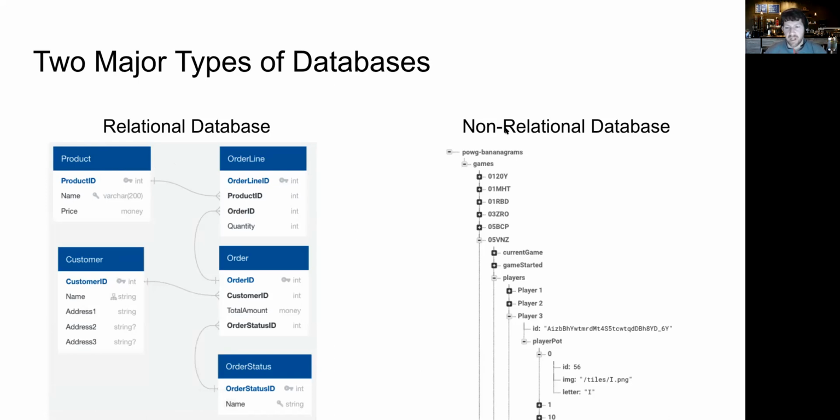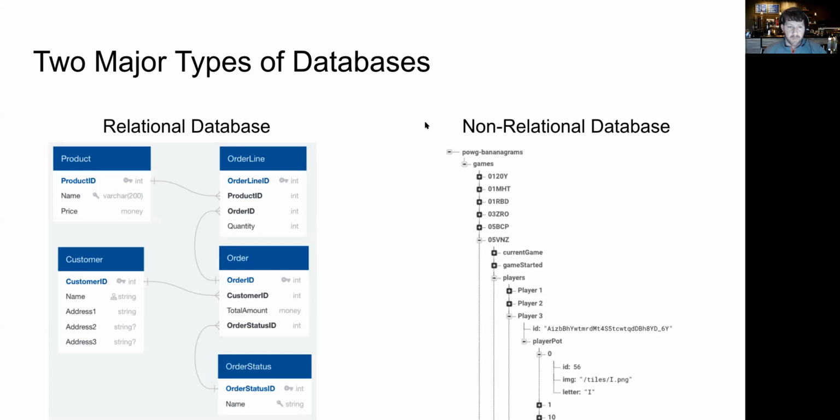On the right-hand side, this is a visual representation of a non-relational database. It's very difficult to relate specific data in here with other parts of the database or other pieces of data that are stored in the non-relational database. At Platoon, we're focusing on relational databases, specifically Postgres.